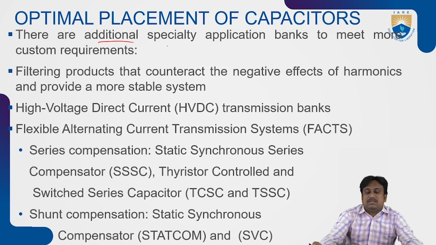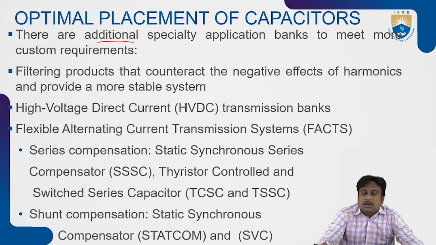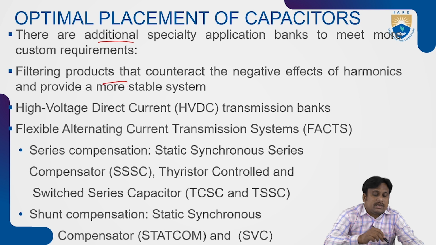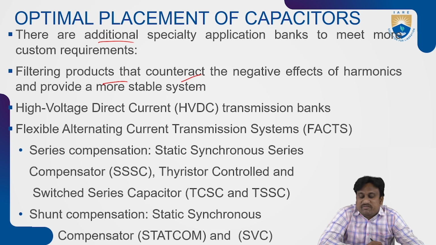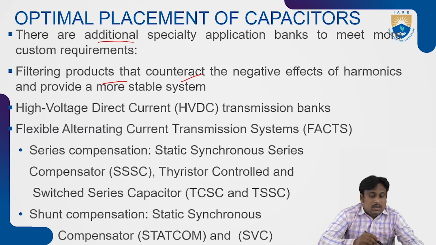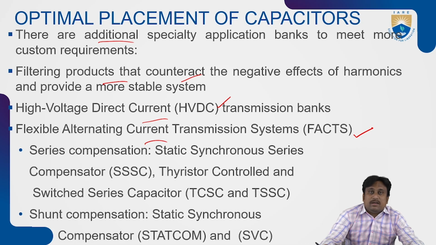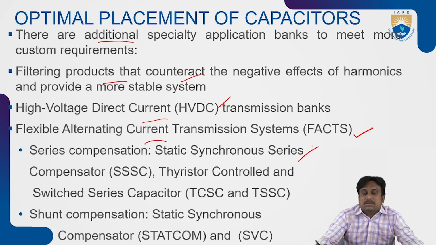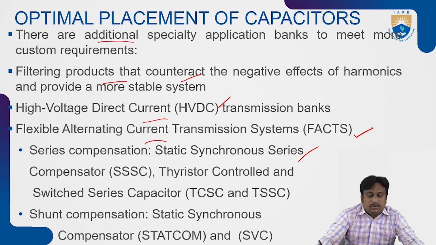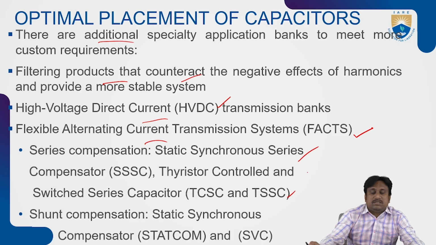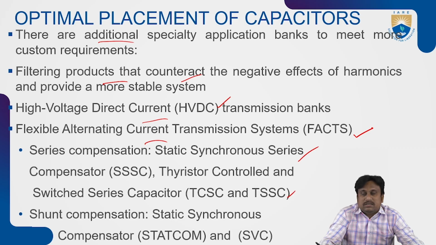So here are some additional specialty applications for capacitor banks to meet customer requirements. Filtering products counteract the negative effects of the harmonics and provide more stable operating conditions. High voltage DC current transmission banks, flexible alternating current transmission systems like FACTS devices, HVDC systems, series compensation provided by static synchronous series compensators, simply we may call them SSSC components, and the thyristor controlled switched series capacitor combination, TCSC.